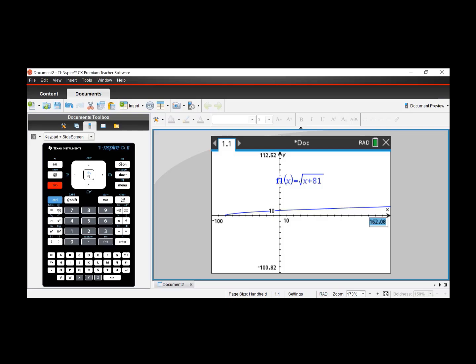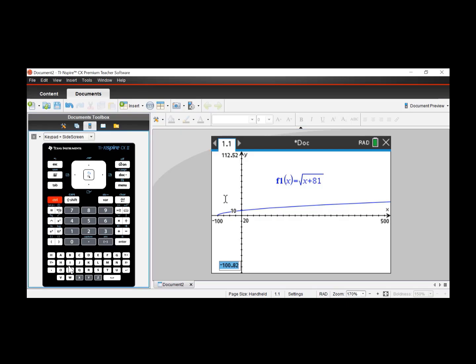Let's make this 500. Okay, and it's happening very slowly, but this is half a parabola, so it's going to keep going up and up and up. So our y's are starting here at 0, and they're going up and up. So our range here is y's greater than or equal to 0.